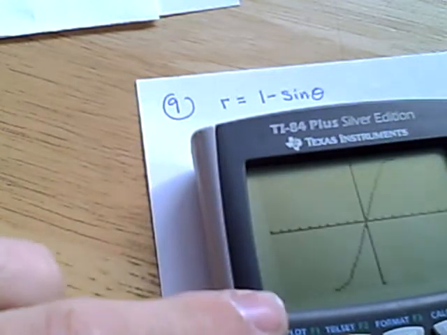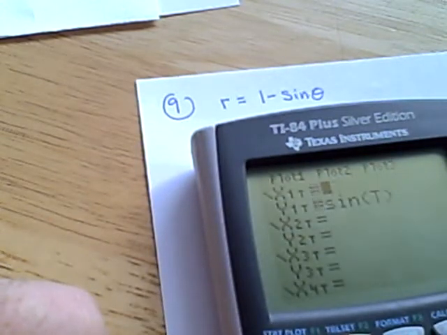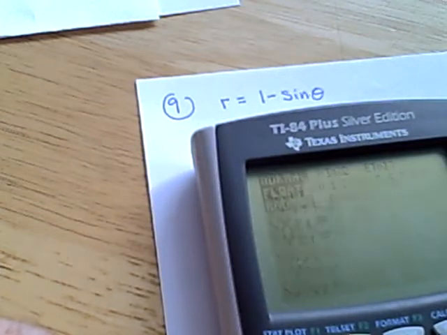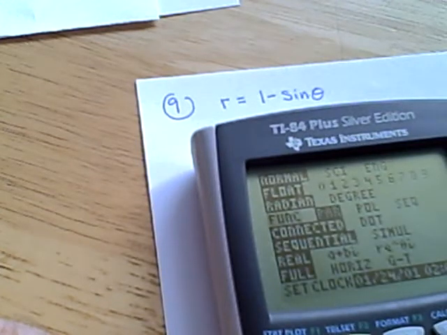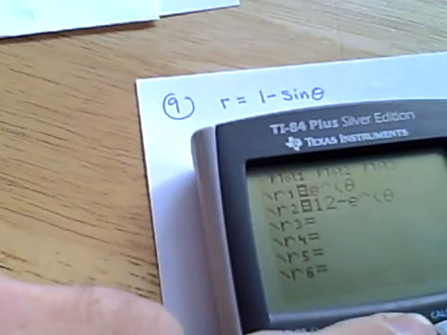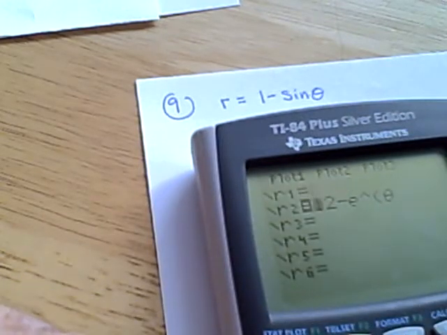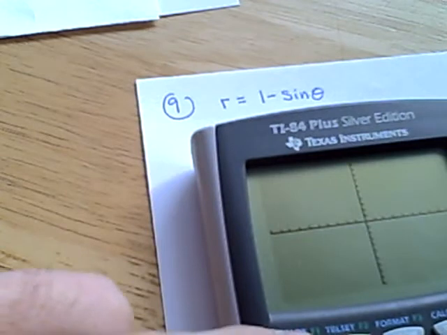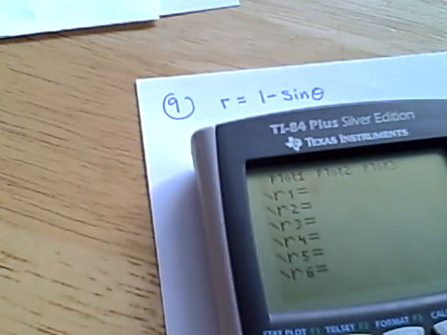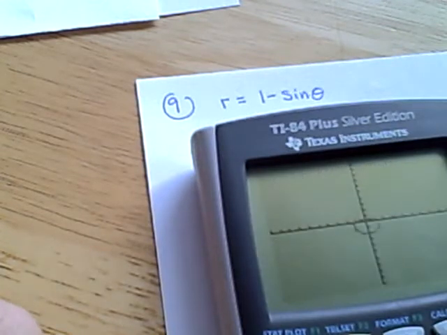Nothing wrong with using them. So let's go to polar mode. Make sure you're in radians, of course. I'm also going to clear what I have in there already. And let's put in 1 minus sine theta and see what we get.